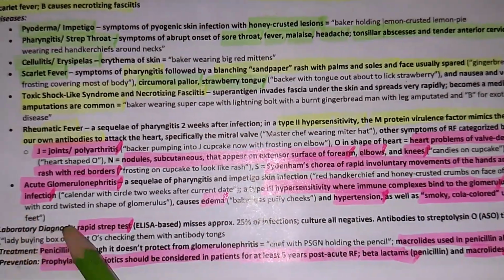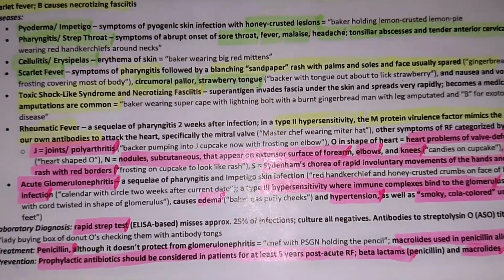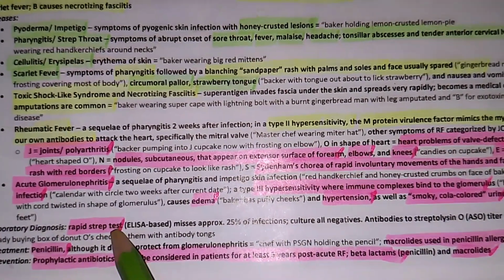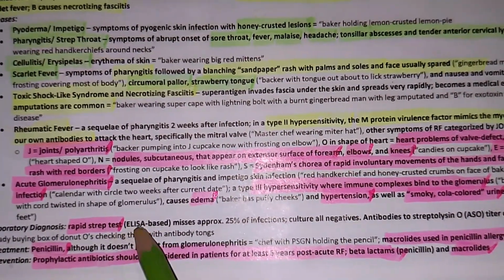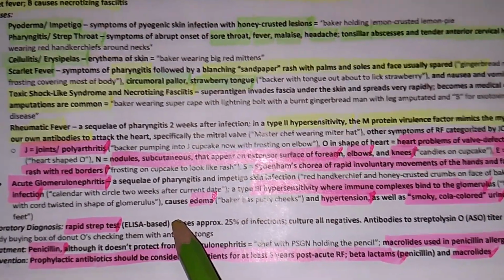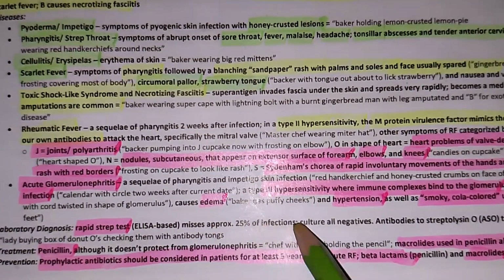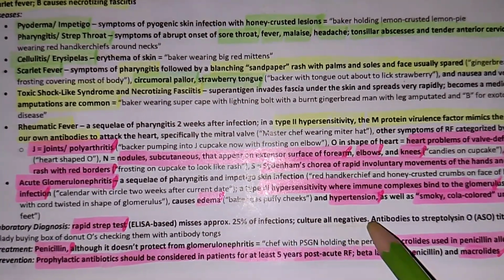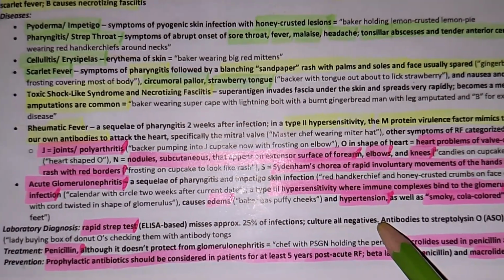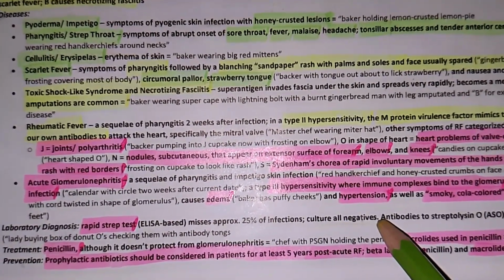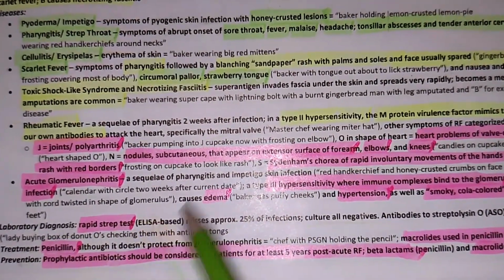Now, how will we diagnose these bacteria in the laboratory? For this we have a rapid strep test, that is an ELISA based, enzyme linked immunosorbent assay based test that misses approximately 25% of the infections. It cultures all negatives, and as it is linked to the immunoassay, it has the antibody related form.